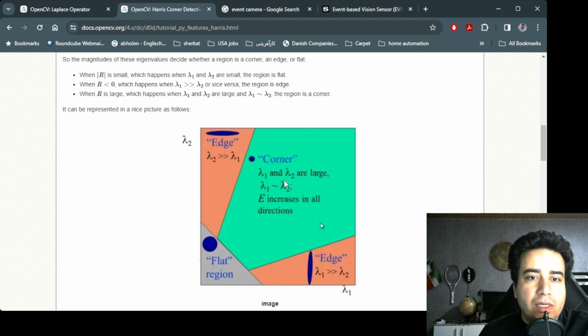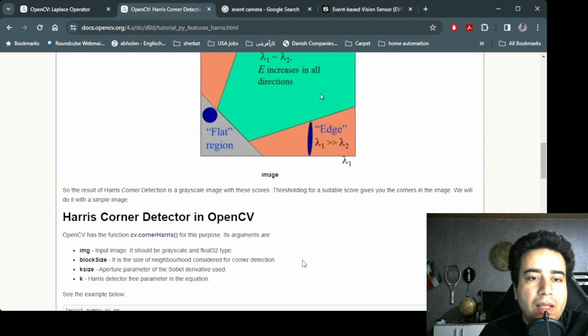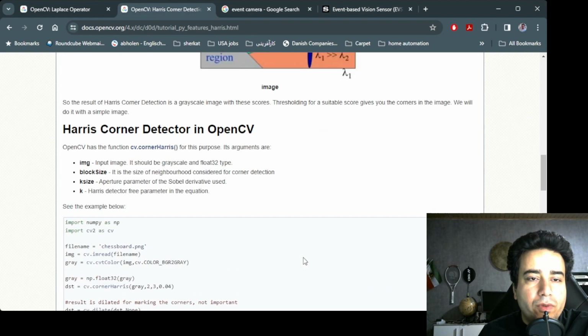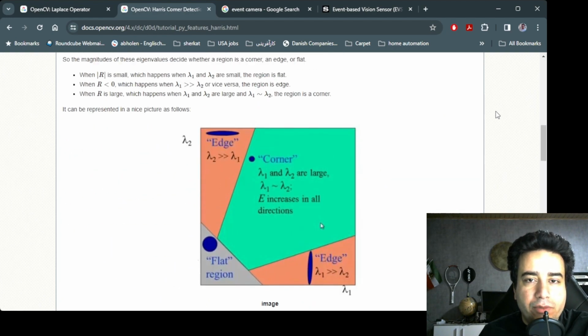If both of them are large and maybe similar in value, then it's basically a corner. And if lambda 1 is much bigger than lambda 2, then we again have an edge, otherwise we have a flat region.